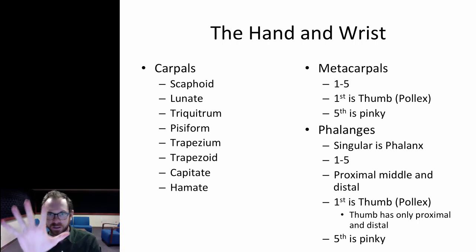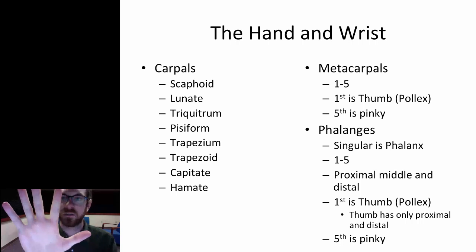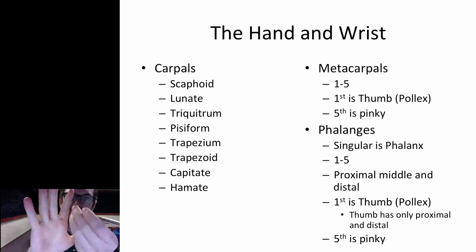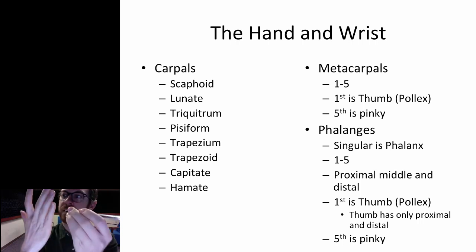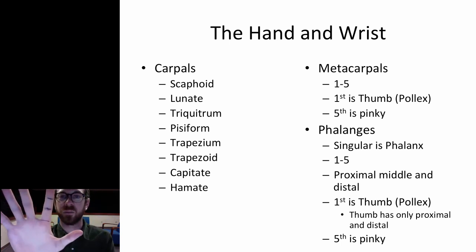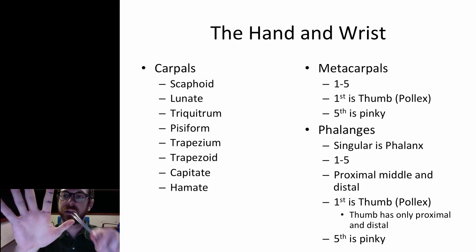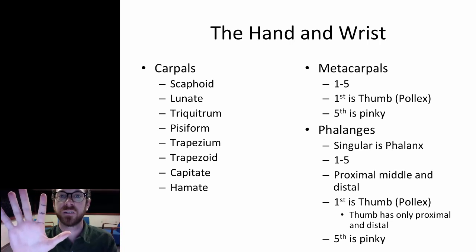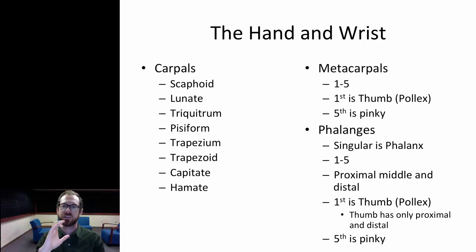Now, if you look at my hands, you can see that I've got these wrinkles here. I'm going to try to draw on here. These wrinkles are pretty handy for anatomy because they're going to be the dividers of 3 different bones that we have in our phalanges.